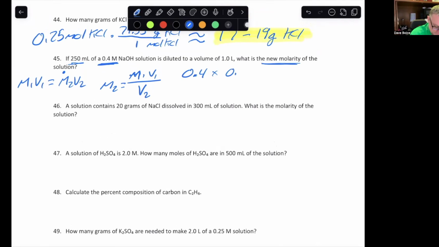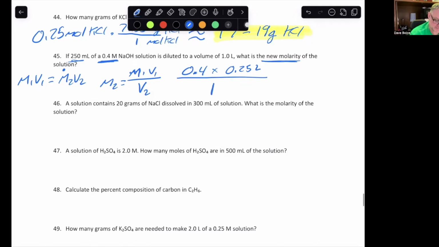So 0.25 liters divided by my V2, which is 1 liter. So 1, that's easy enough. And so that basically equals 0.1 divided by 1, which equals, well, can't really put a range for this, so we'll just put the answer 0.1 molar.